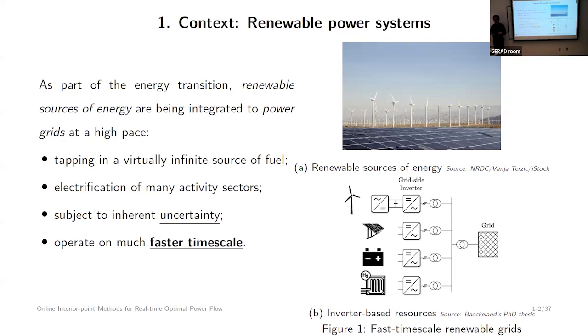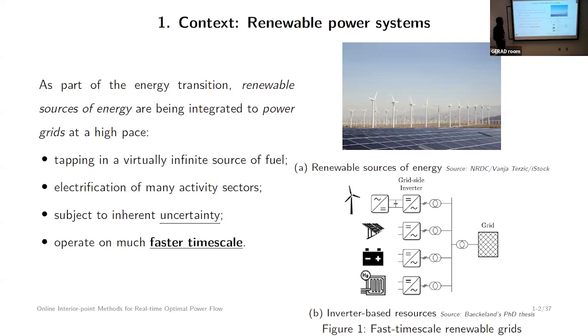But that also means heavier industrial processes could be going toward electrification. So this change means that we're definitely subject to some inherent uncertainty on the demand side, but we're kind of used to that, but also on the generation side, because the mere perturbation in the solar, in the natural phenomenon we're tapping into, can affect our power generation.